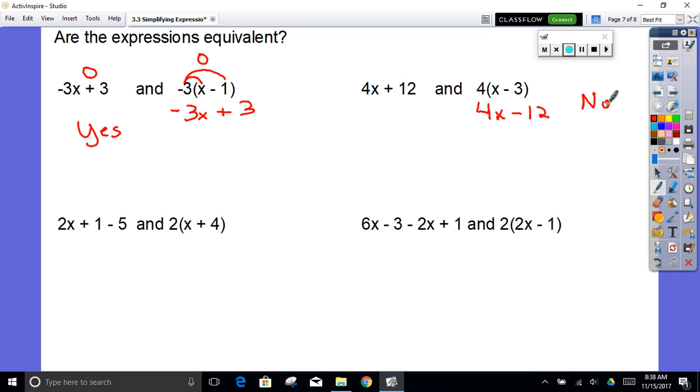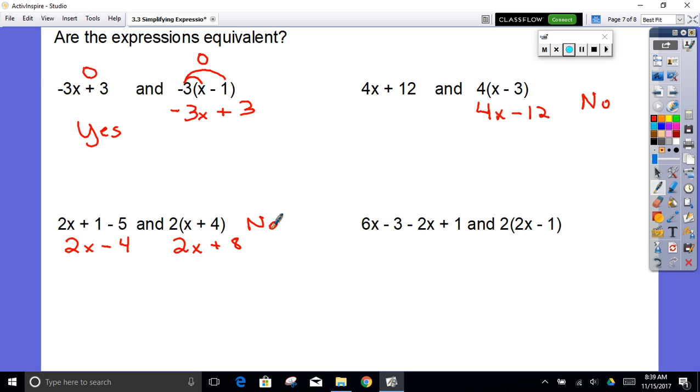I added negative 5 and 1. Oh, okay. So tell me what your whole simplified expression here is. 2x plus negative 4. Okay, or let's write that as 2x minus 4. And then over here? 2x plus 8. Okay, good. So 2x minus 4 is not the same expression as 2x plus 8. And again, if you're not sure whether you've simplified it far enough, you can always substitute a number in to check.